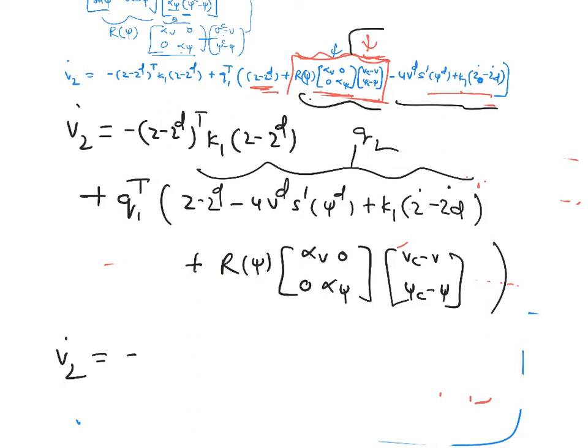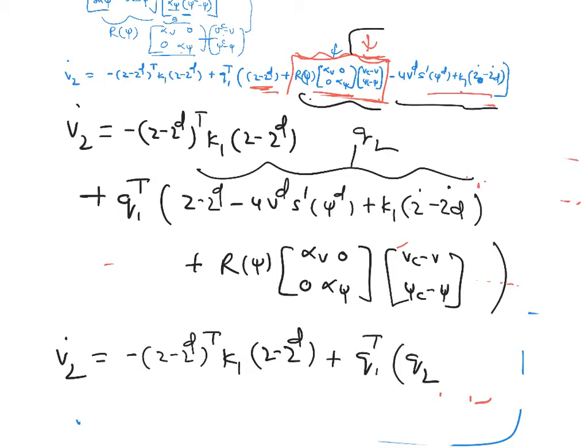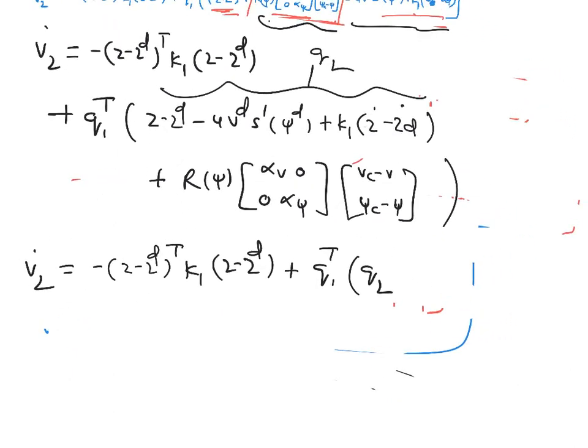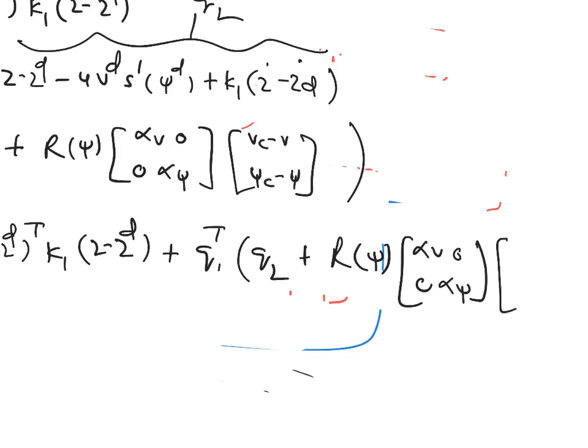So we can rewrite this. V2 dot equals minus Z desired transpose K1 Z desired plus Q1 transpose Q2 plus R psi alpha V0 alpha psi, V commanded minus V, psi commanded minus psi.